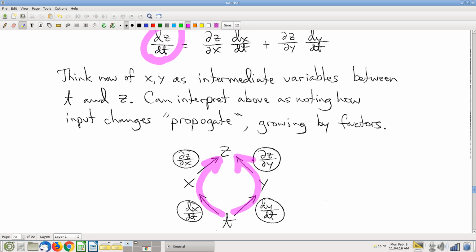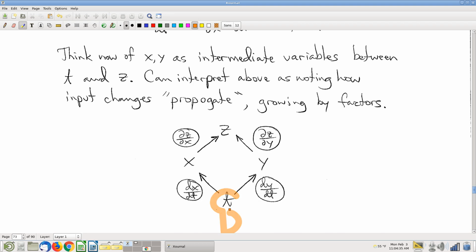And now let's just think through each path one at a time. Let's start with the one over here on the left. Let's start with, how does change propagate through x? Well, we know what happens if you change t, and you want to know how much does x change. We have an answer to that question.